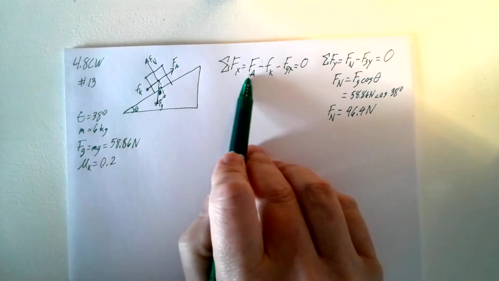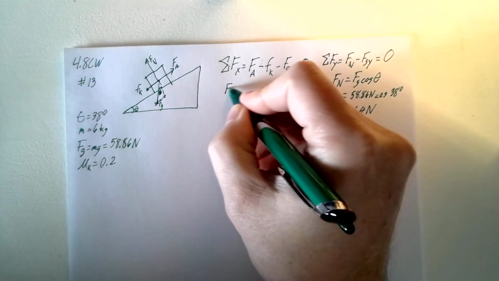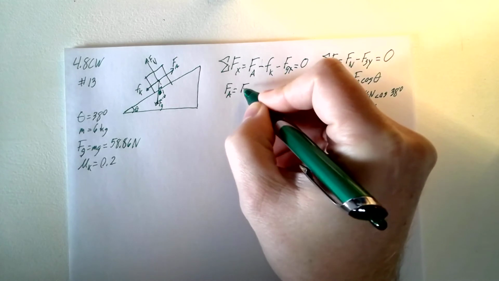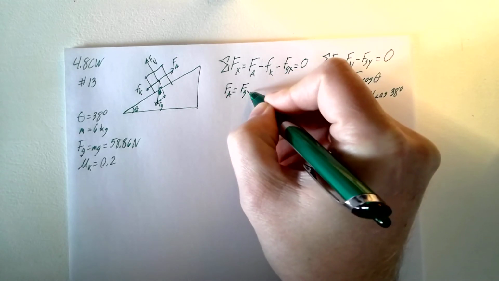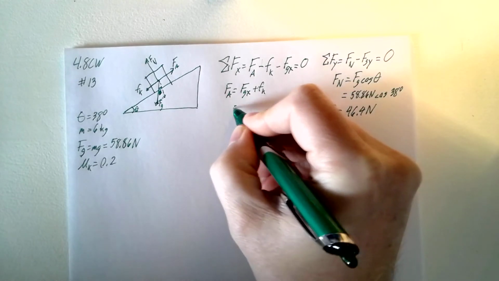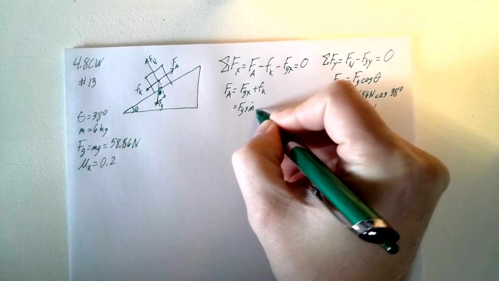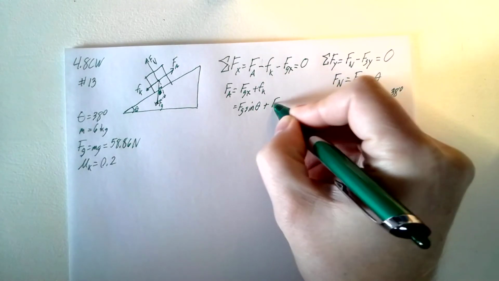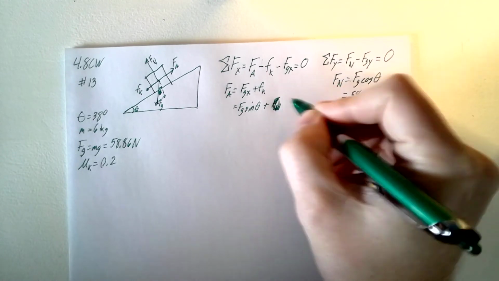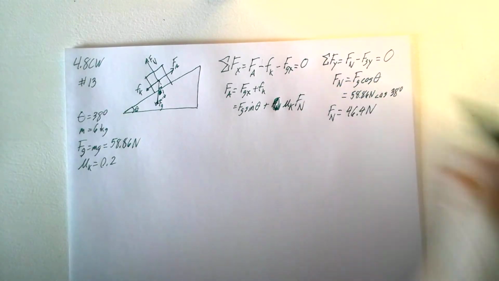Alright, so we were looking for Fa here. So let's solve this equation for Fa before we move on. So our applied force equals Fgx plus F sub k. Apply our definitions, Fg sine of the angle plus, let's rewrite that, mu times Fn.